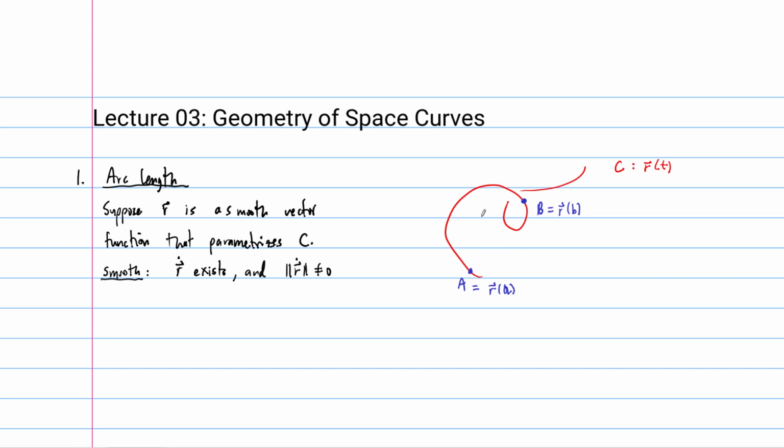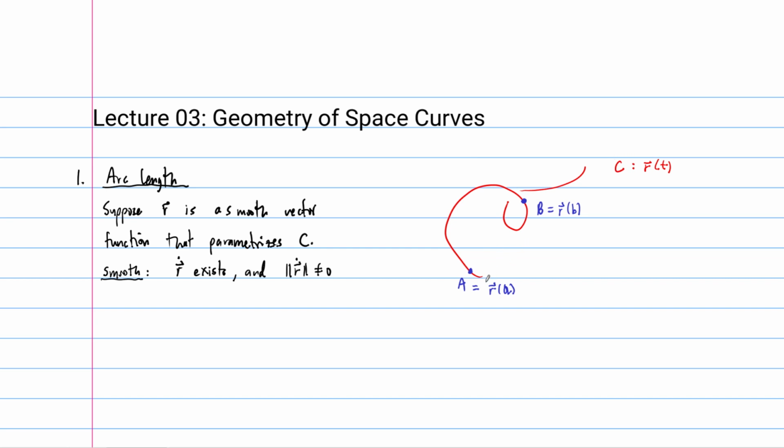So R of t. What we would like to do now, though, is try to find a way to measure the length of the curve, the distance traveled by that particle between those points, capital A and capital B. So we're going to try to relate distance to time. The length of this curve is a property of the curve itself, right? The length of the curve segment from A to B is a property of the curve C itself.